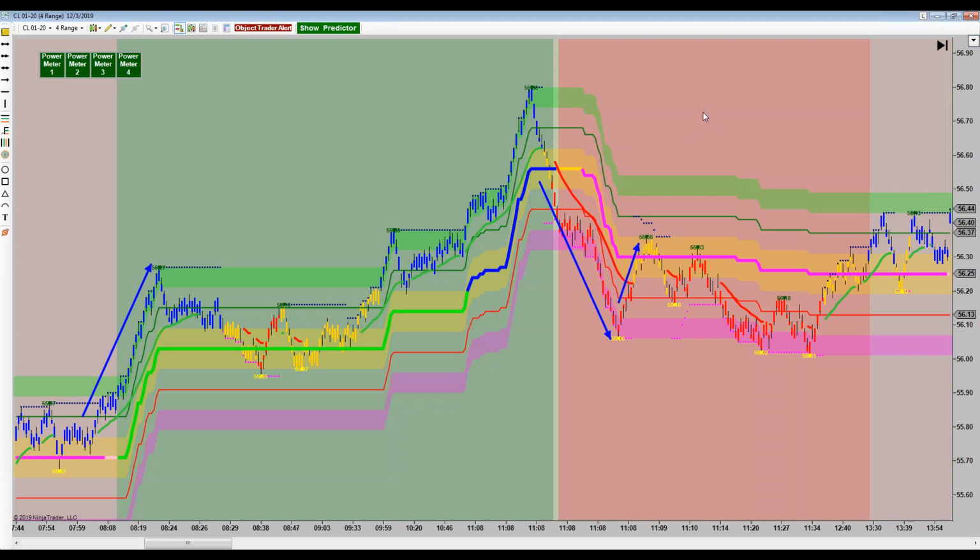Now, there are 3 types of trades that we mainly teach. There's some other subtle nuances to it, but the 3 main trades are as follows. When you are in an up trade, or up move, so you're looking for long trades, you have what's called a mid-band trade.